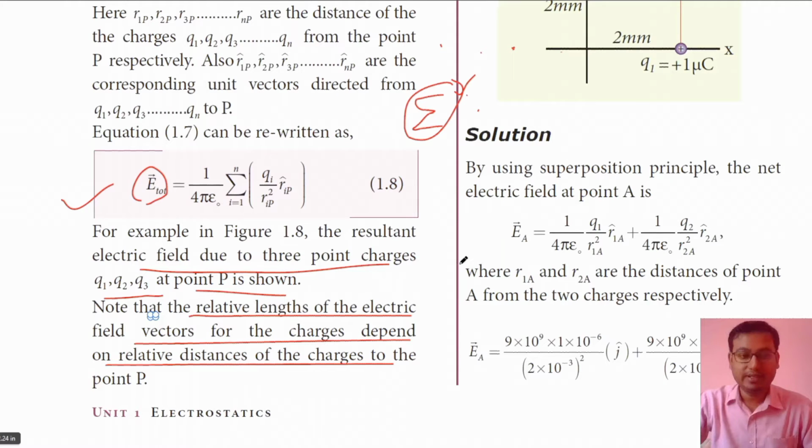This suggests that as the distance increases from any charge, the strength of the electric field will decrease, and after a certain distance it will become 0. The region from the charge up to that point is the electric field in the vicinity of that charge in a 3-dimensional manner. I hope you are clear with this topic now.